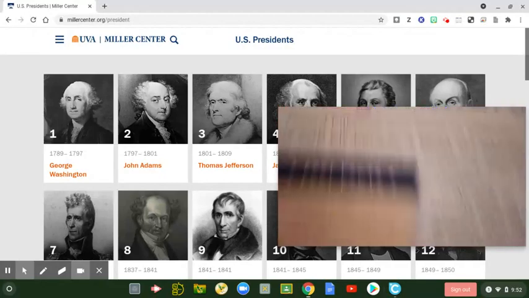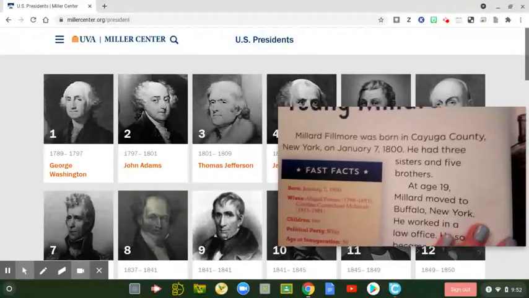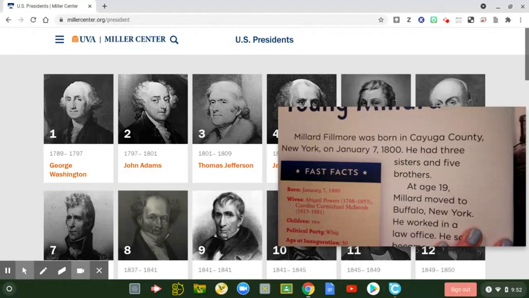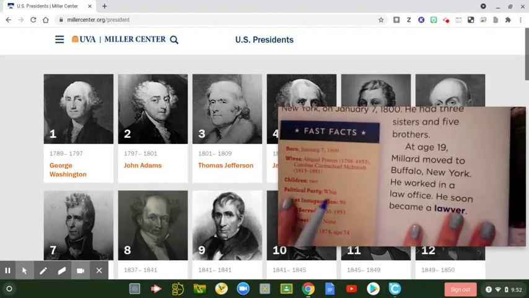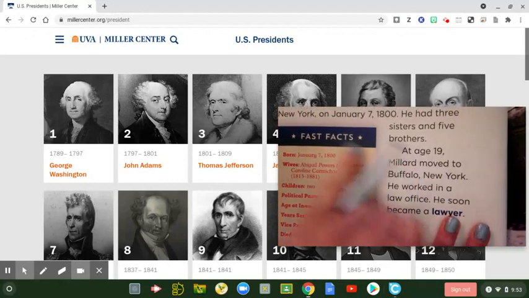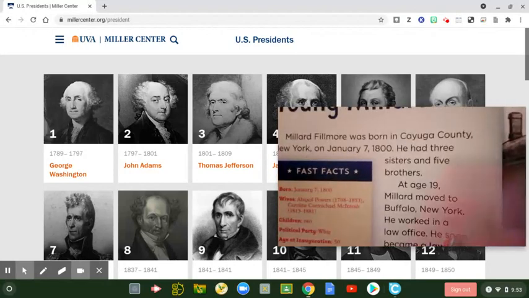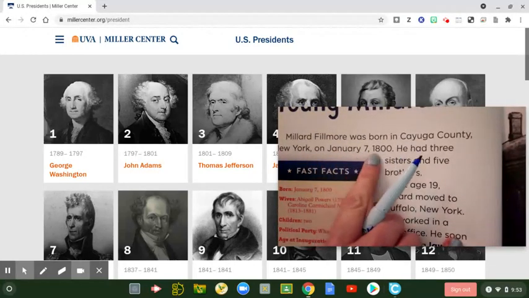Okay, here's what I found. And it's fine to write it this way. You may find their names, you may not find their names, okay? And then look at the political party in this book was just Whig, so this one's a little bit different than the other book. All right. Millard Fillmore was born in Cuyahoga County, New York on January 7th, 1800.